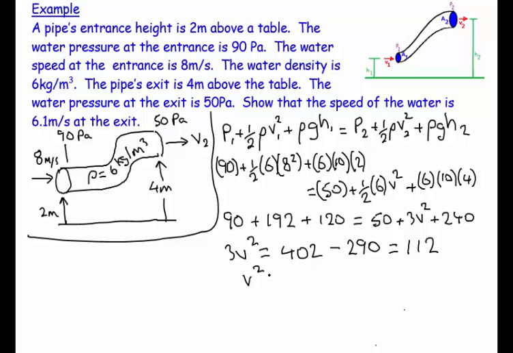So v squared is equal to 112 over 3. So v is equal to the square root of 112 over 3, which equals, let me get my calculator, and I go second square root. I'm going to go 112 divided by 3, close my bracket, and I'm going to get 6.1. So this is 6.1 meters per second.